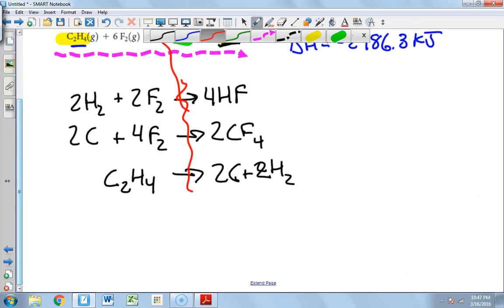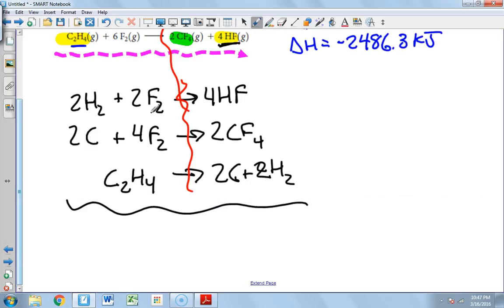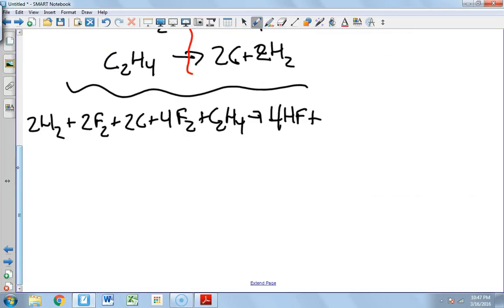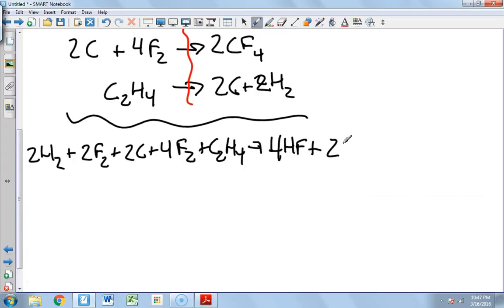So we take all the reactants: 2H2 plus 2F2, plus 2C plus 4F2 plus C2H4, reacts to form 4HF plus 2CF4 plus 2C plus 2H2. There's a lot of craziness going on there.